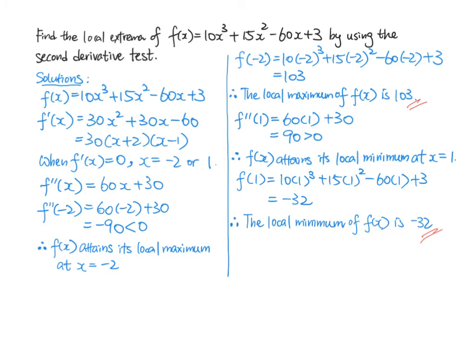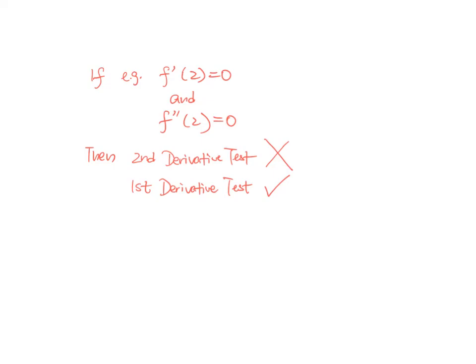Now here's a side note for you, very importantly. If the second derivative for that particular x also equals 0, then the second derivative test doesn't work, and you must go back to use the first derivative test.